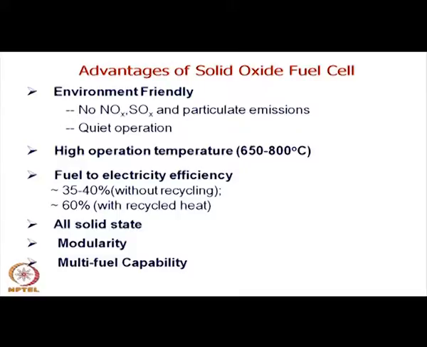It operates at a fairly high temperature. So, hydrocarbons can be used in this case, and a large number of experiments have been carried out with natural gas, which contains different kinds of hydrocarbons, and there is in situ reforming, what they call, at the anode side or the fuel side.